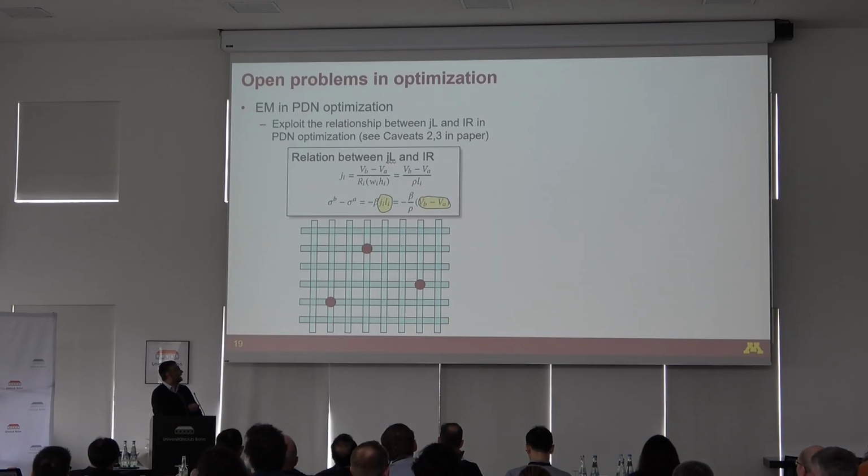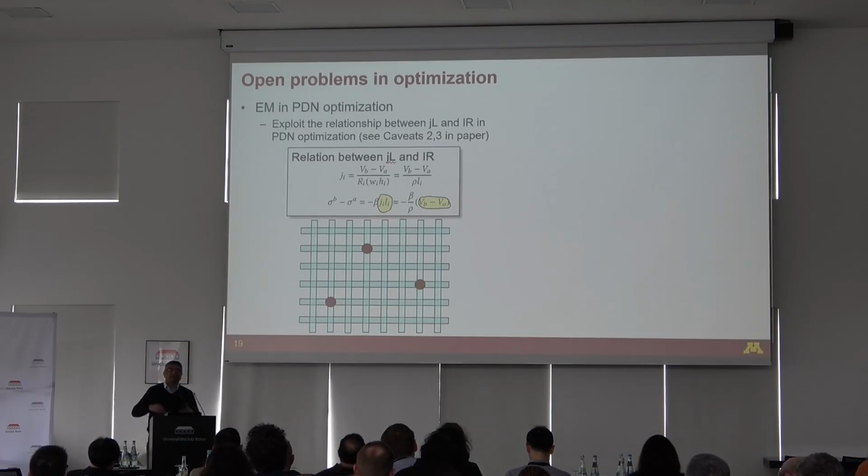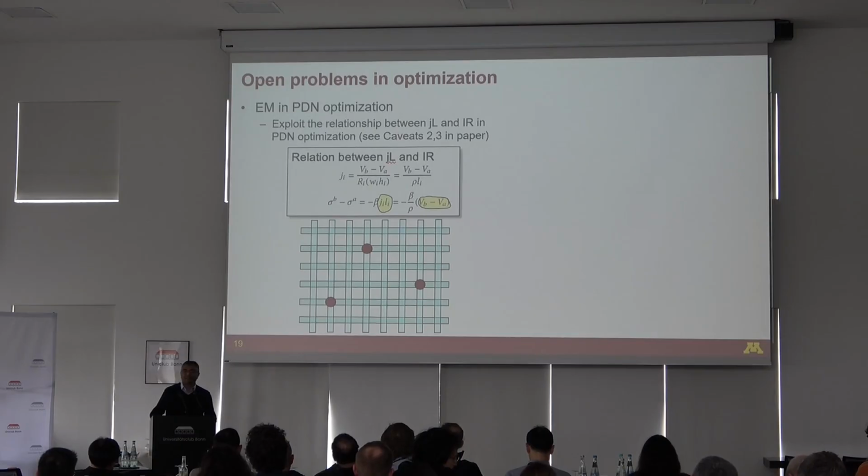So if these are the pads, and these are a couple of layers of metal, and I have current sources in here, I'm looking at reducing the IR drop. Well, that is consistent with reducing the summation of J_i L_i. So in fact, I can say that this is really what dictates whether electromigration failures occur or not. And so I can create formulations that combine PDN optimization with electromigration optimization.